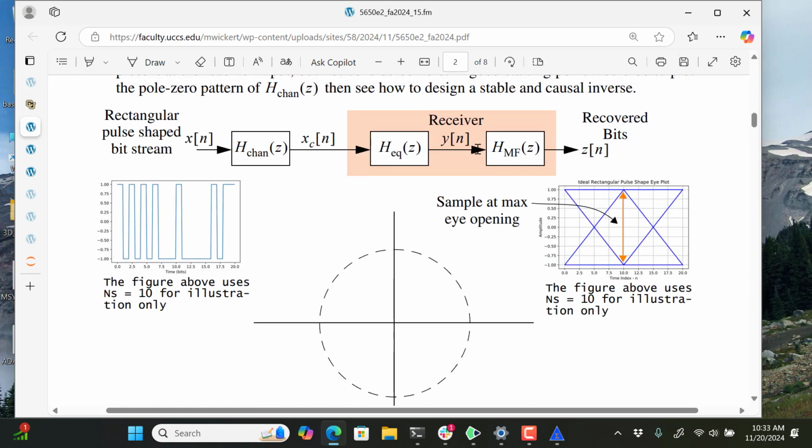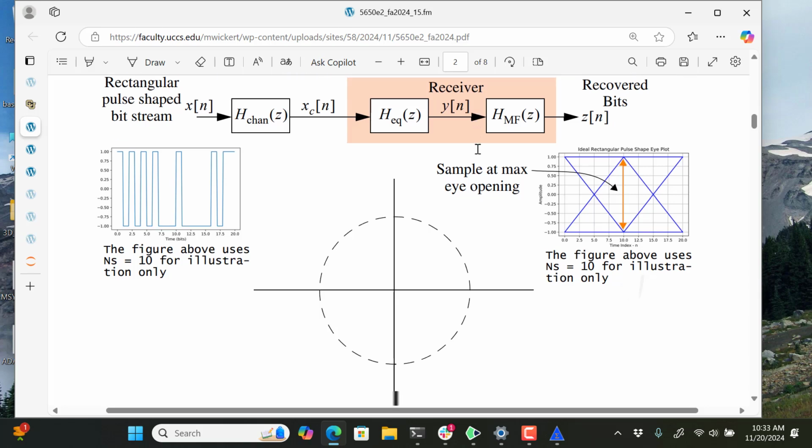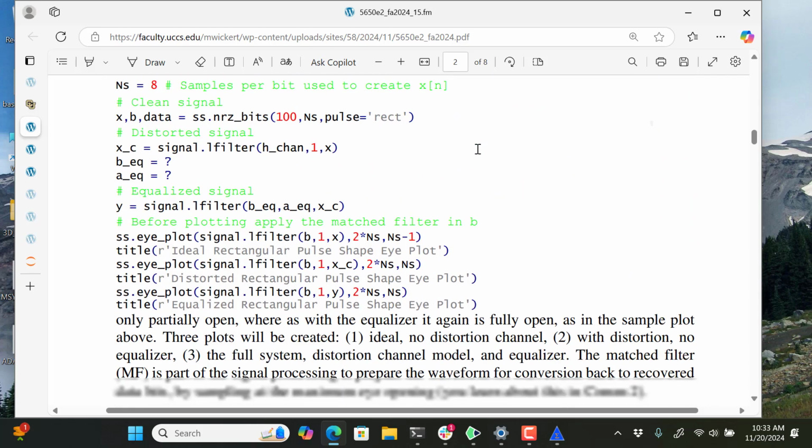So this looks beautiful. The distortion, slap that on there, it'll get pretty trashed up looking. Put the equalizer in, it will get fixed considerably, but it will not look quite perfect because there's still some phase distortion in there. And you use a function that's in the SIGSYS library called NRZ bits, non-return to 0 data bits, and it also returns the matched filter inherent.